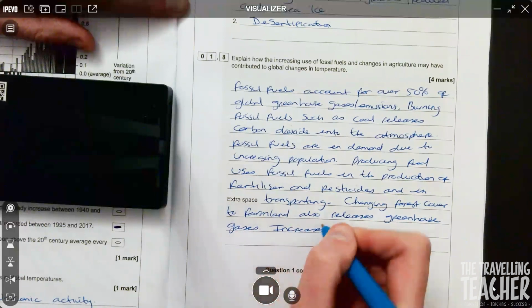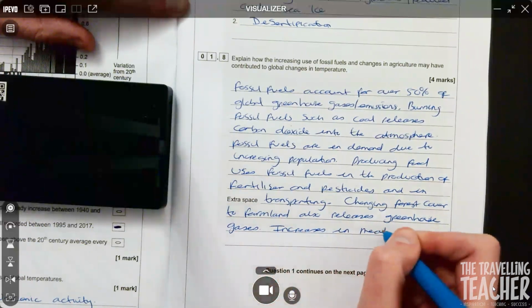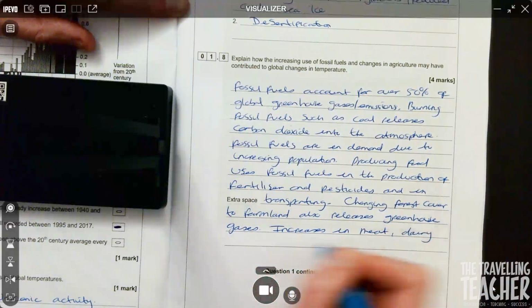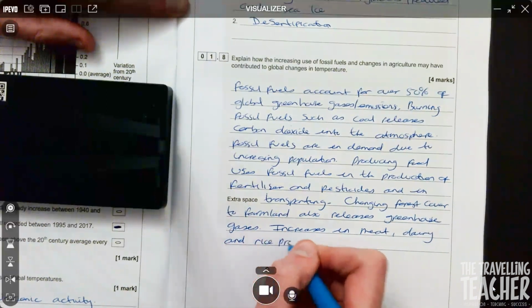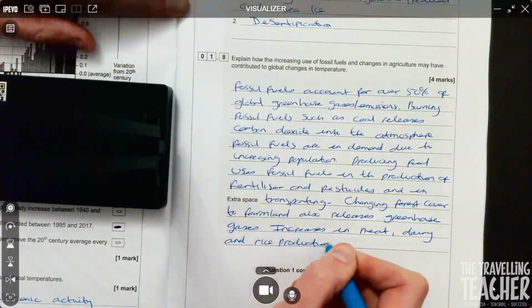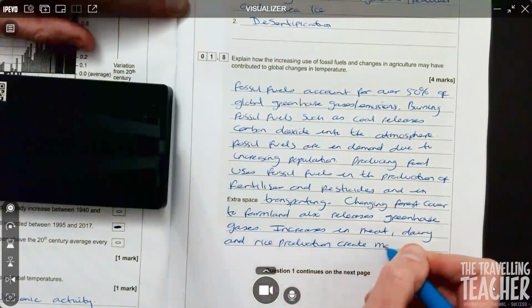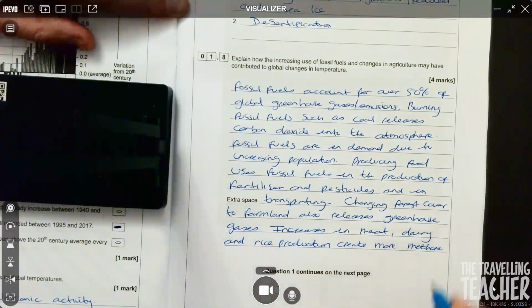Increases in meat, dairy, and rice production create more methane.